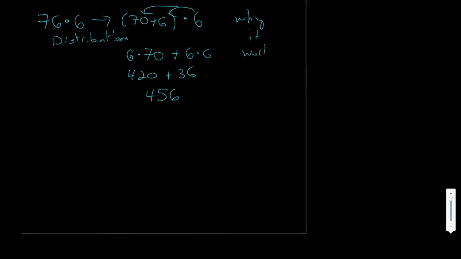it works. But how we do it, to make it easier for ourselves, is we, again, write the numbers vertically, letting the place value hold things together. So 6 times 6 is 36. That goes in the 1 place with an additional 3 coming here. 6 times 7 is 42 plus that additional 3.